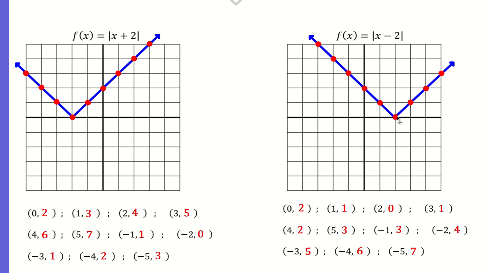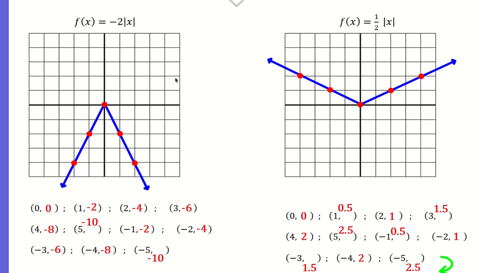So this -2 makes it move to the right. This +2 makes it move to the left. And if we want to go more in depth about why, then ask me in class. And hopefully I'm prepared to give a good explanation. But the last couple graphs, check this out.